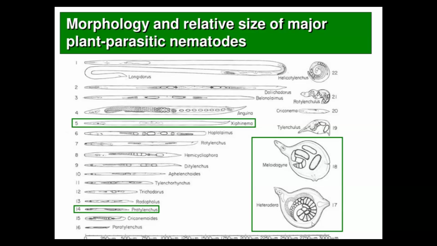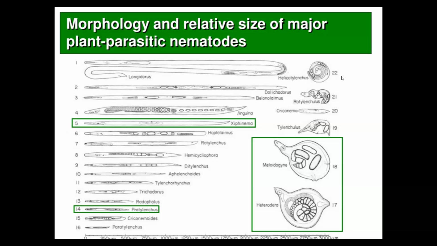Then you see Melodogine. This Melodogine you see here on number 18 and number 17, Heterodera. Now, why am I showing you these ones? Remember when I started this class, I told you that nematodes are vermiform, meaning that you just think they look earthworm-like or worm-like. It's not always the case. Look at number 22, Helicotylencus, and number 21, Rotilenculus. That's not a vermiform structure.